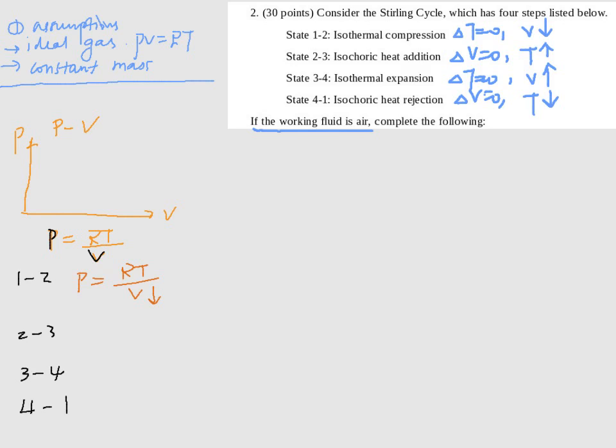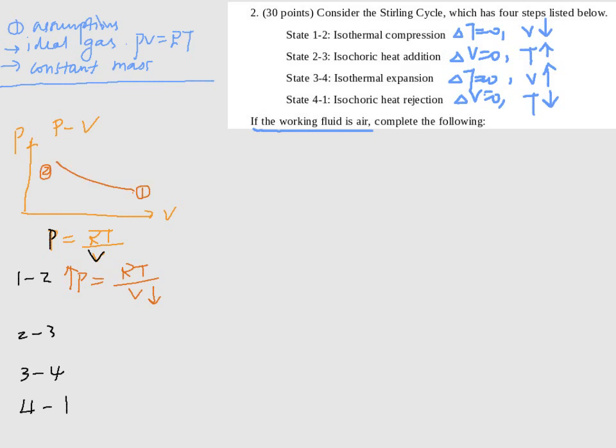Actually no, it's going to increase. Sorry. P is going to increase because they're inversely proportional, of course. So that allows us to draw a line from right to left like this. So this is 1 and this is 2.